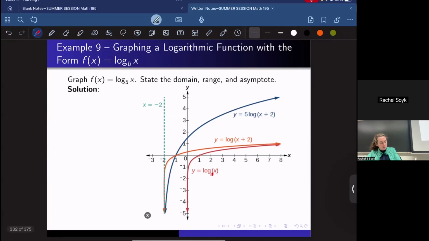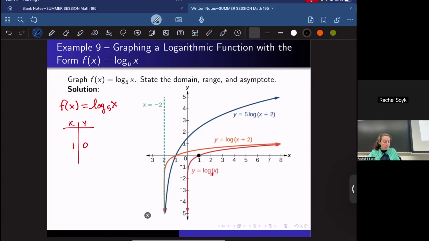So your log base 5 of x: 5 to what power gives you 1? 5 to the 0. So let's have our y value be 0, and then our x is 1. It's our famous x-intercept.